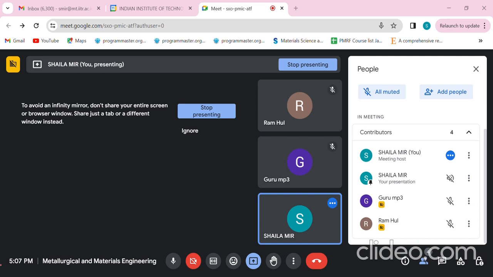So that is your answer, which is option C. Is it clear? So now we can move to the next question.